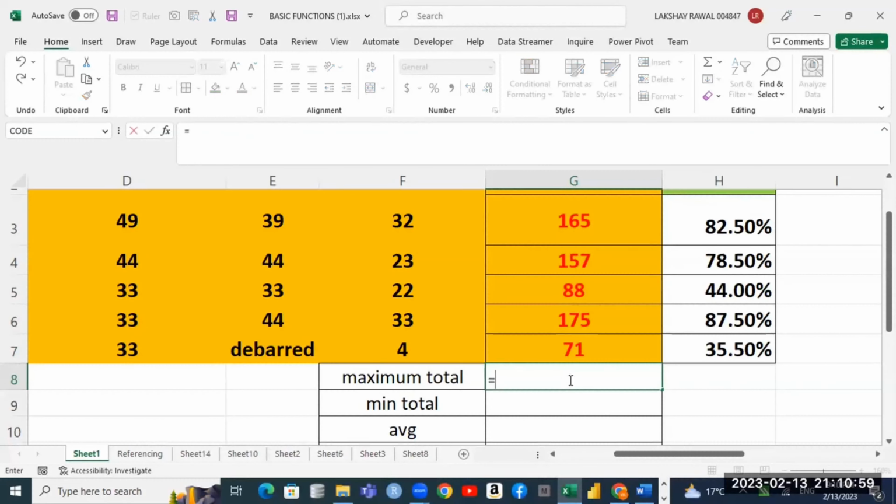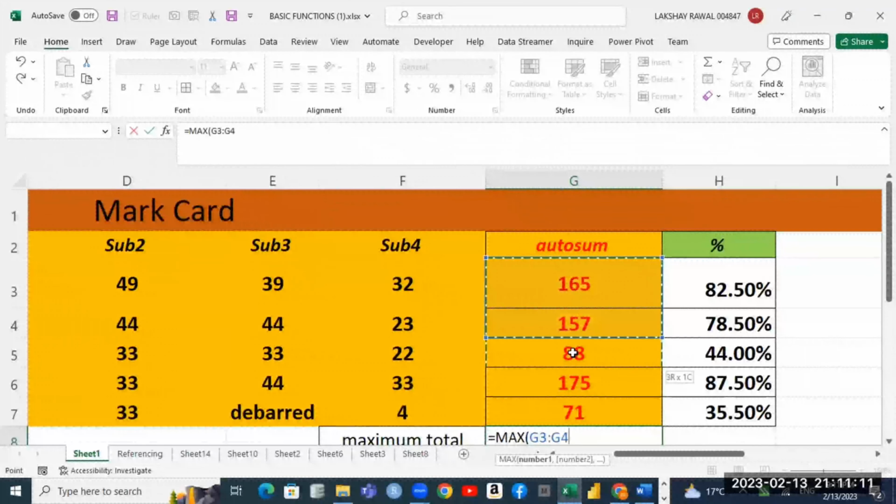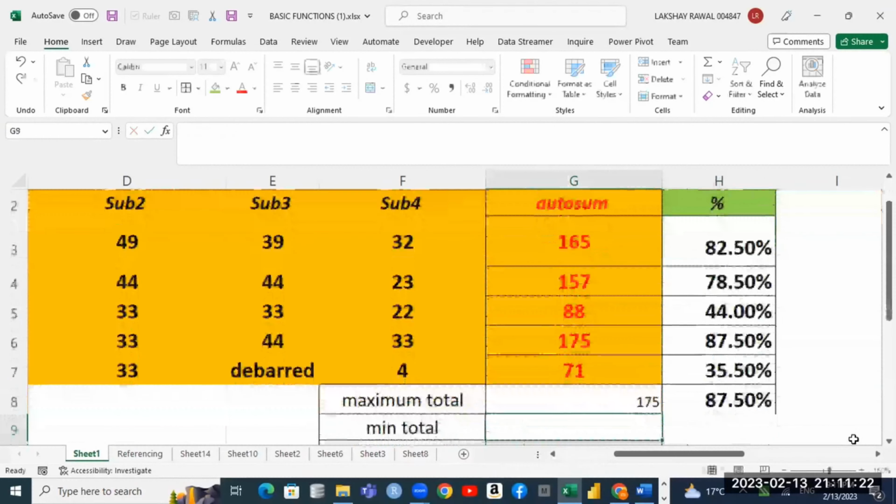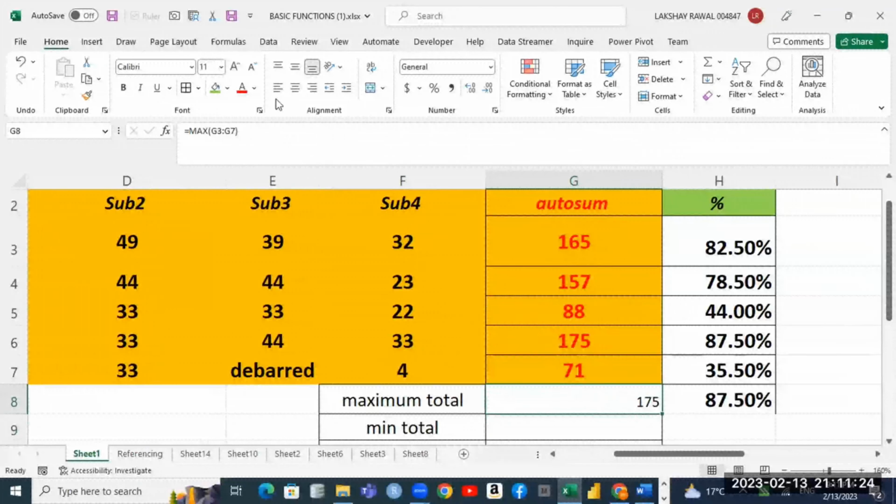So what is the function? Is equal to Max. Now you will choose the range. It will tell you the maximum value from this range, and this is 175.